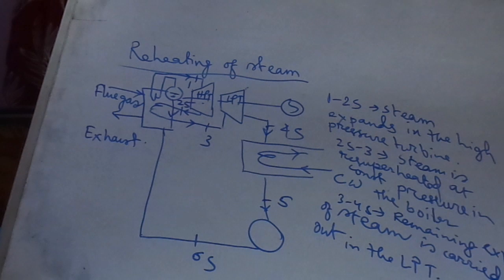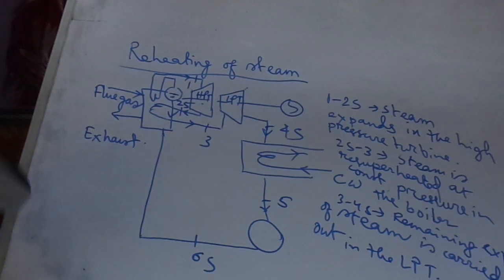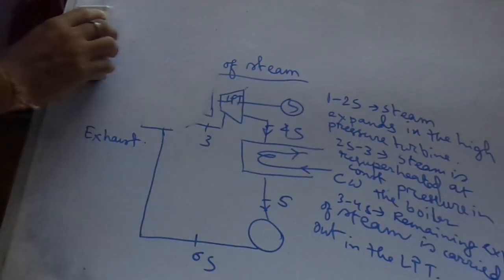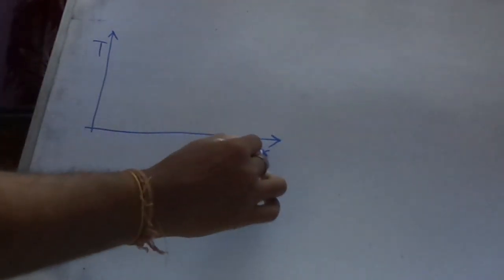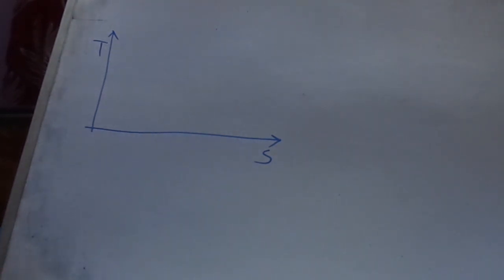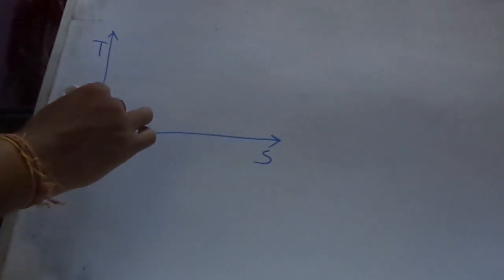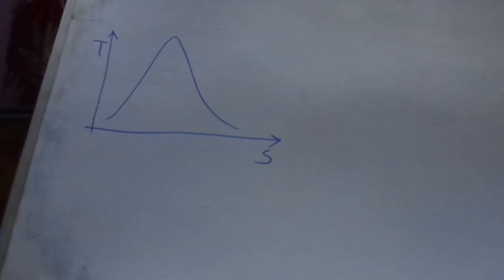For 1 kg of steam, if you draw the TS diagram, temperature versus entropy, draw the saturation line first.